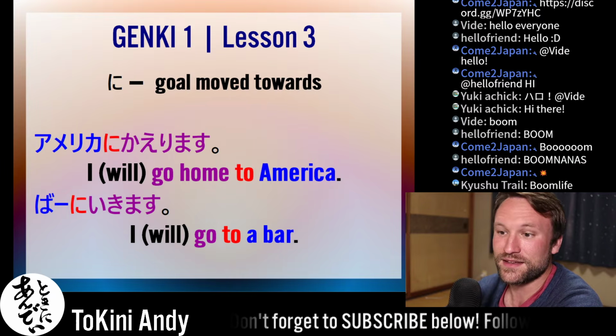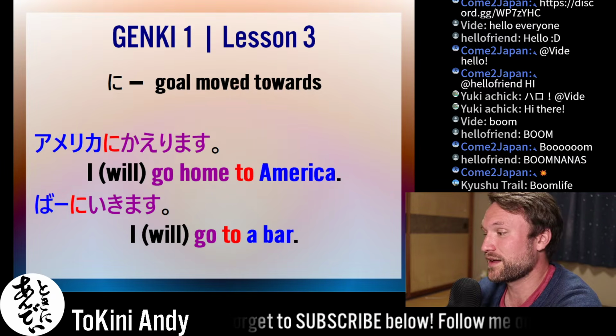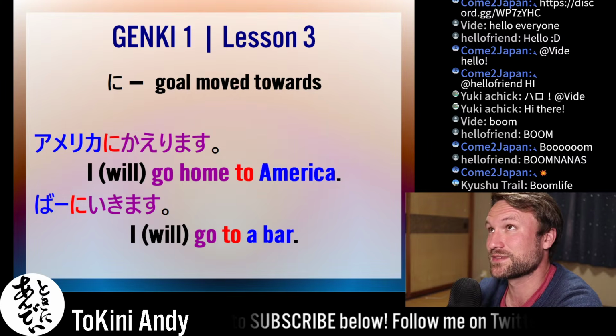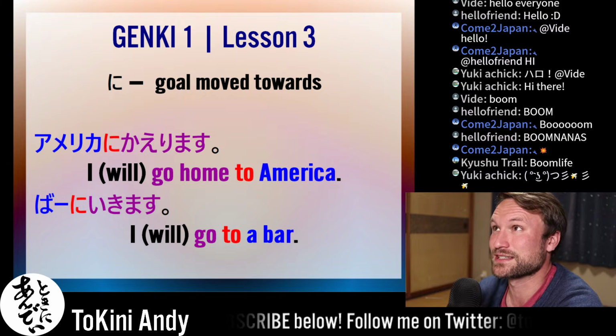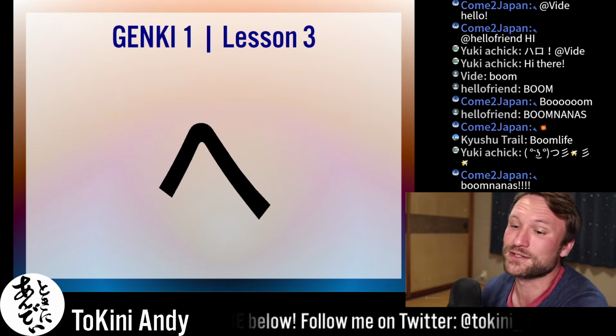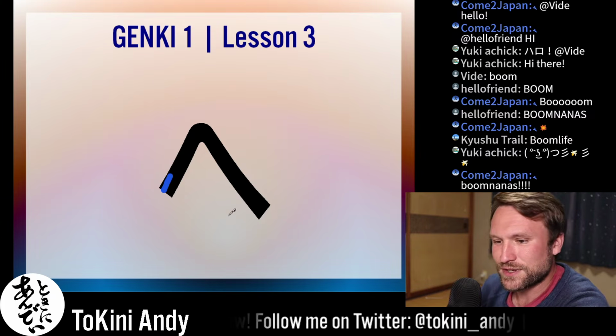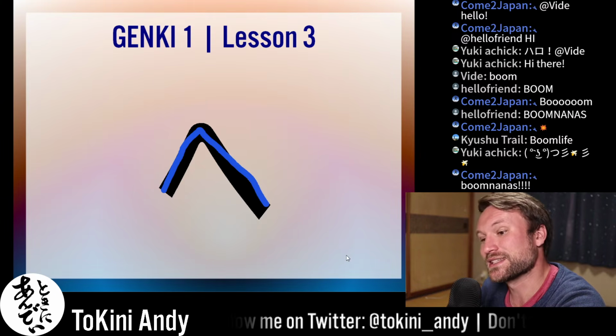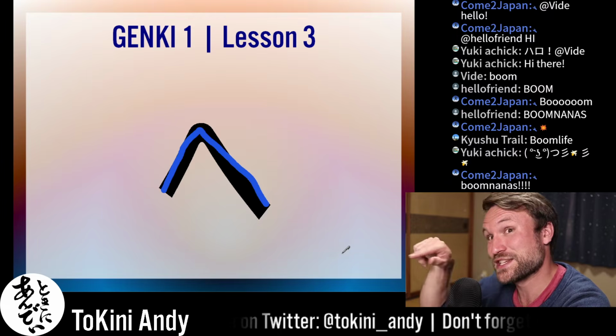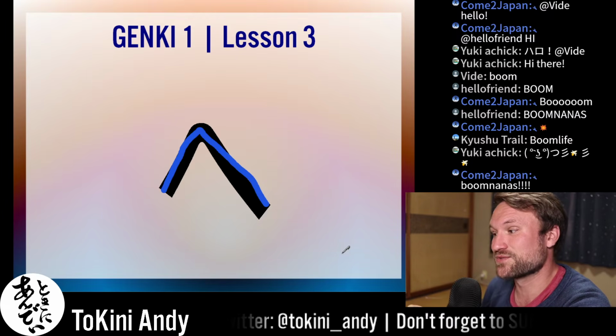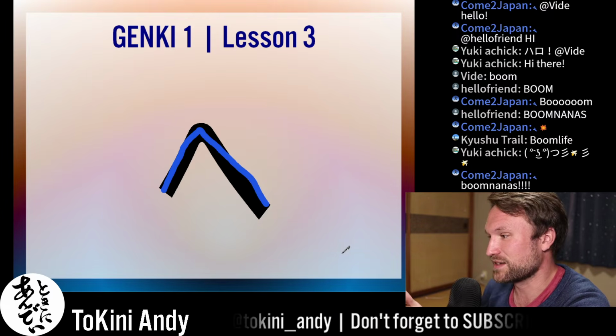Excellent. So, the next particle, the saving grace of, they cover too many particles in this lesson, but the nice thing is that the next particle, in any other word this would be read as he, like an H-E. But the particle is read as e. That's a new one.